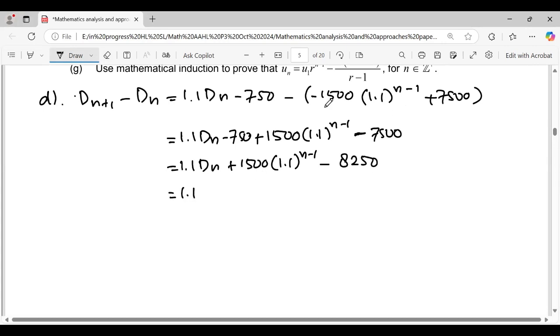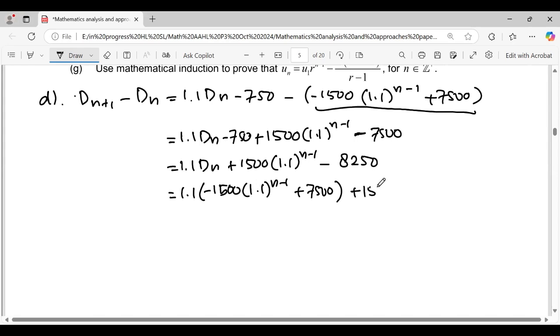Tn is this expression, plus 1,500 times 1.1 to the power n minus 1, minus 8,250.